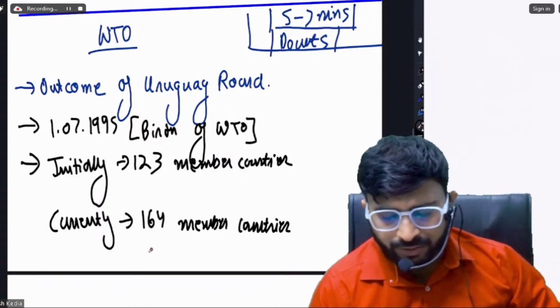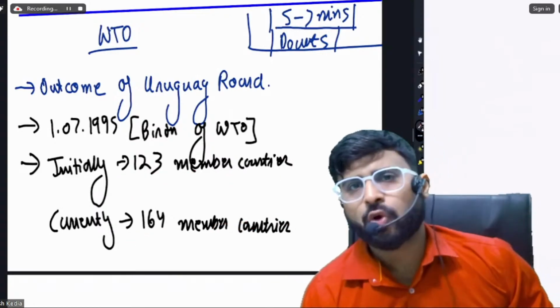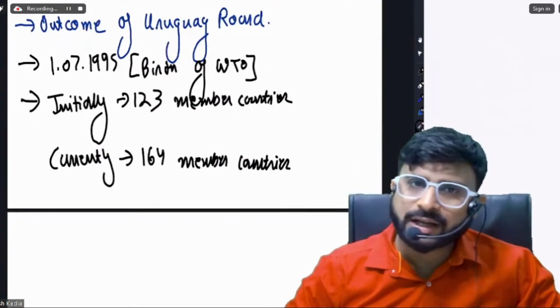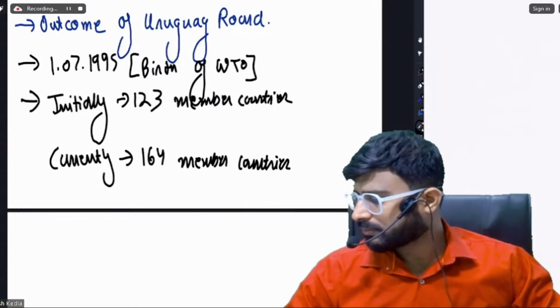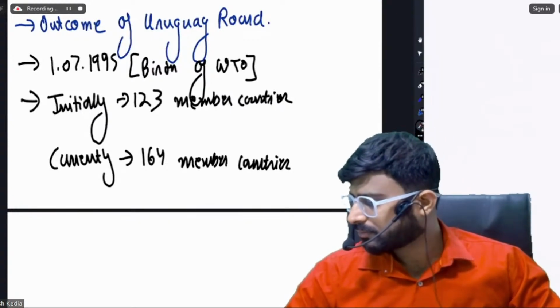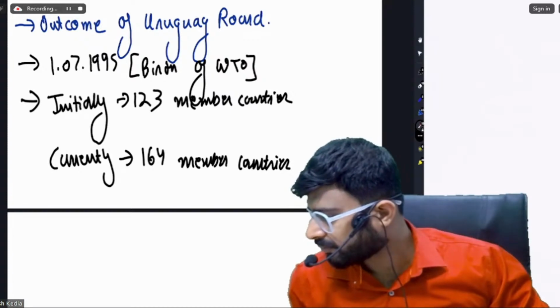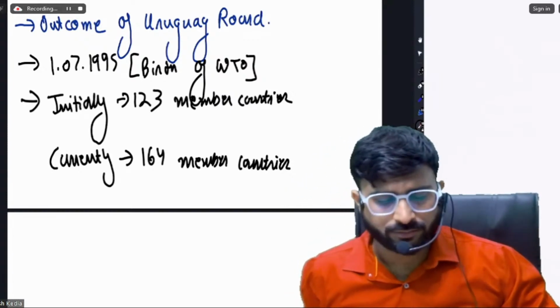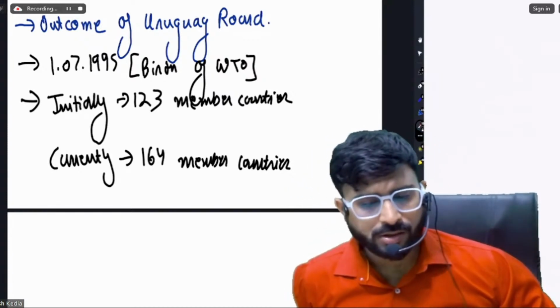Initially it had 123 member countries. Currently it has 164 member countries. Hopefully it's clear, everyone. Is that clear?